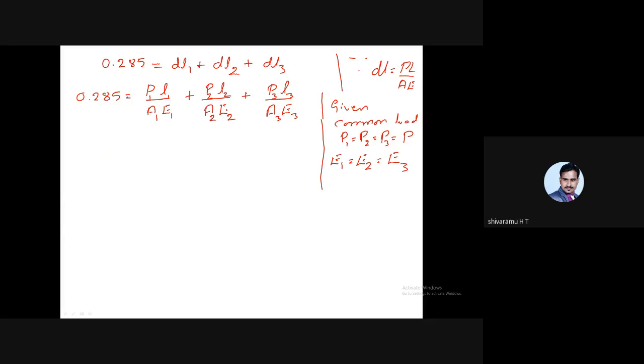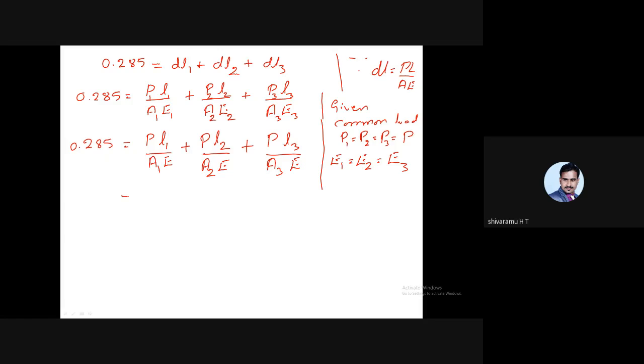Now you can further simplify the above equation, 0.285. P is common, L is different, area is different, and Young's modulus is common. So P L2 A2 and E is the same, as well as the load. And next P L3 A3 into Young's modulus.